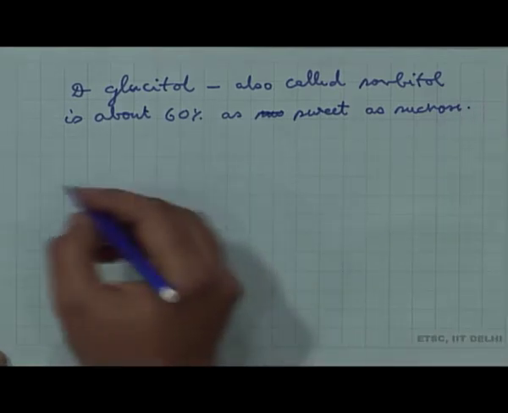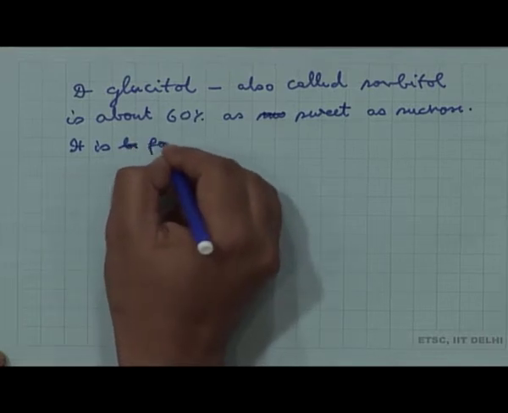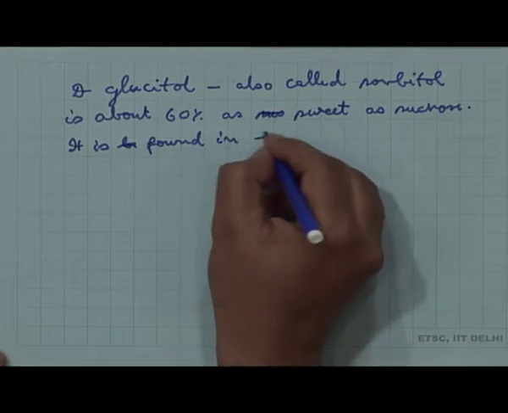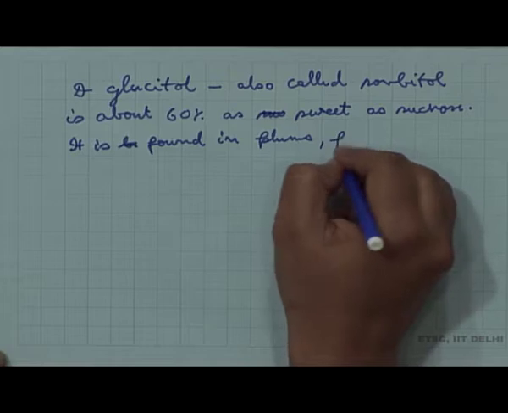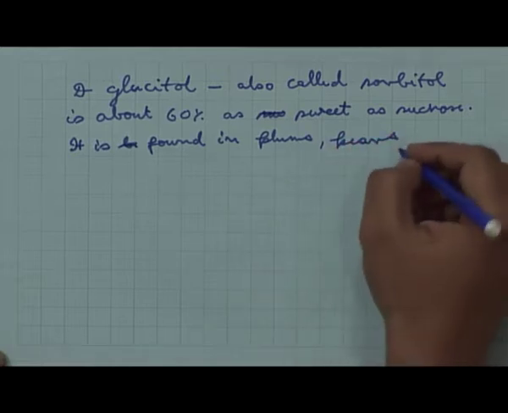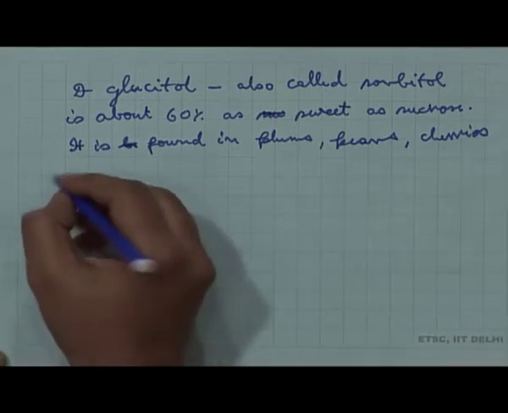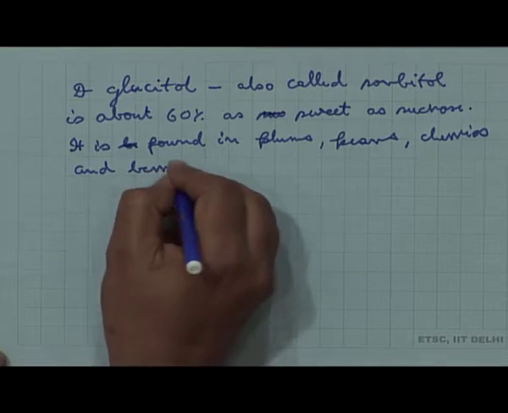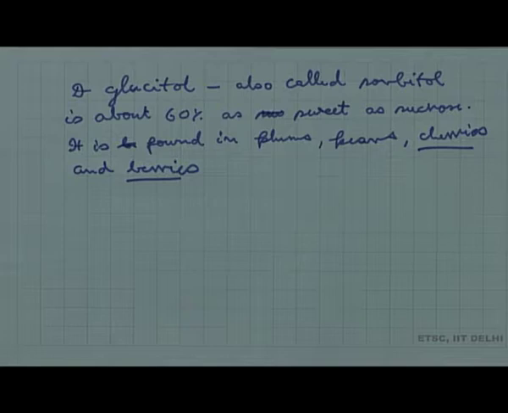It is found in plums, pears, cherries and berries. It is 60% as sweet as sucrose.